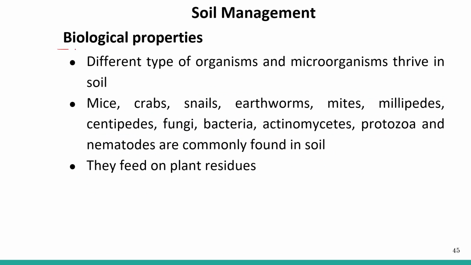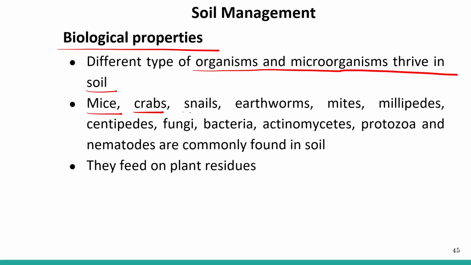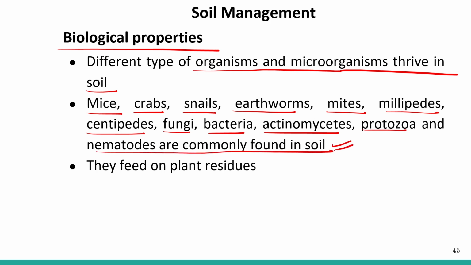Now comes the biological properties. Different types of organisms and microorganisms thrive in the soil. Mice, crabs, snails, earthworms, mites, millipedes, centipedes, fungi, bacteria, actinomycetes, many protozoa, and nematodes are commonly found in the soil.